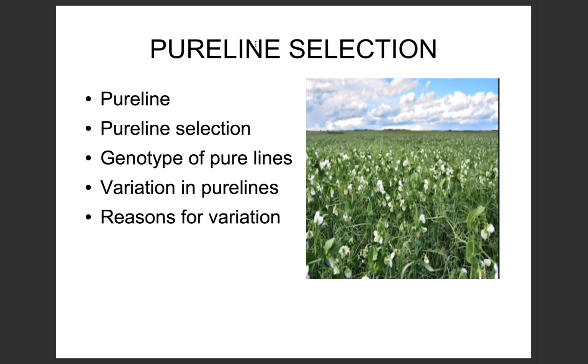And all the plants of a pure line have the same genotype. In pure line selection, a large number of plants are selected from a self-pollinated crop and harvested individually. Individual plant progenies from them are evaluated and the best progeny is released as a pure line variety.